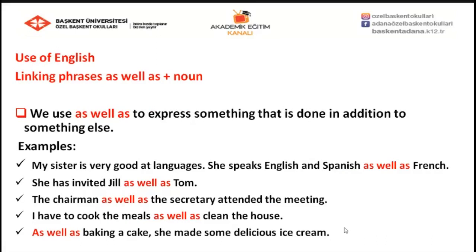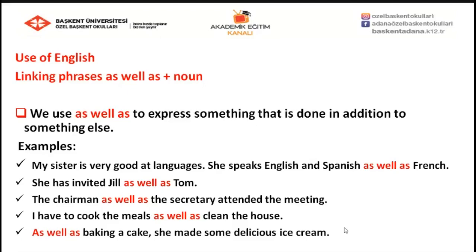On this page, I would like to talk about use of English, linking phrases, as well as plus noun. Let's look at the usage of that phrase. We use as well as to express something that is done in addition to something else. Examples. My sister is very good at languages.